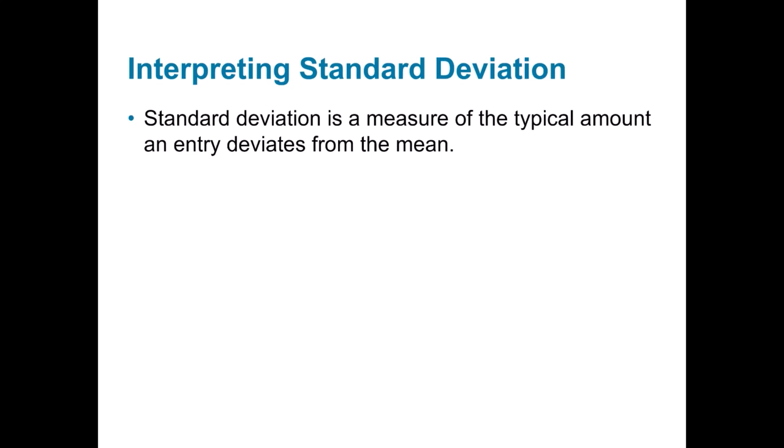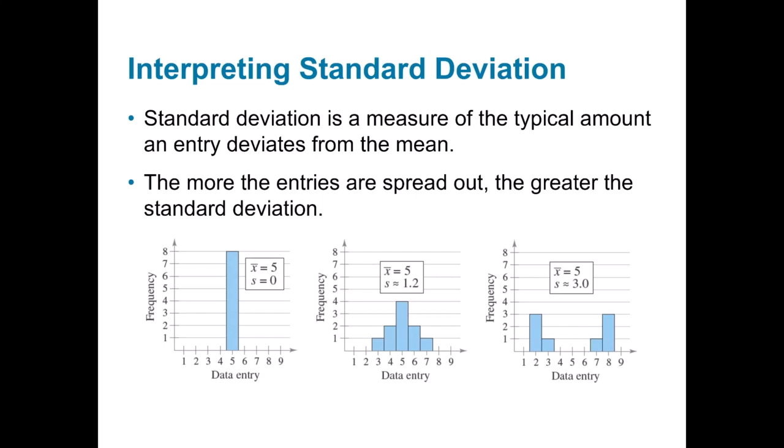Most of your data lies in that gap, basically. So the more your entries spread out away from the mean, so basically the wider the distribution is, the bigger your standard deviation is. So standard deviation tells us how wide that data goes out away from the mean.